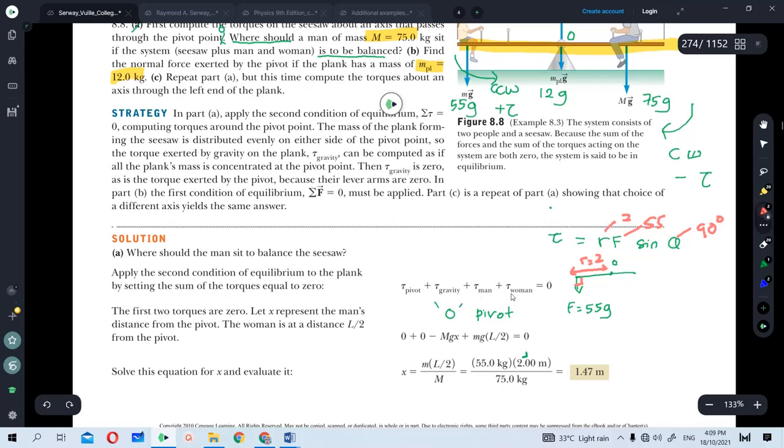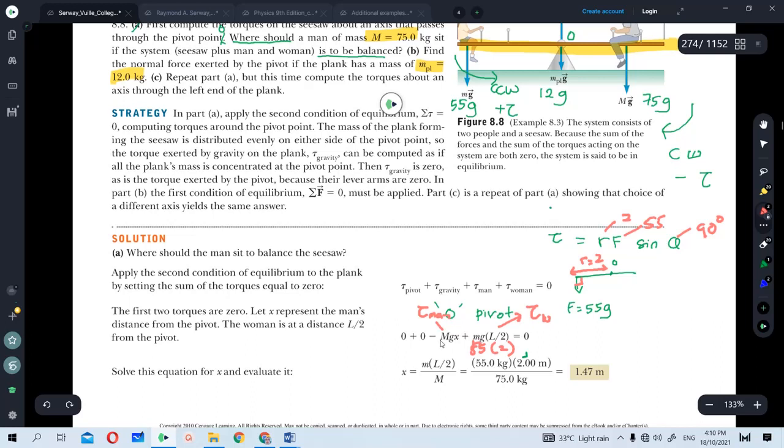Therefore, the calculation for the lady becomes 55 times 2 only. While for the man, look at how we calculate the torque. This is the torque for the man, and this is the torque for the lady.